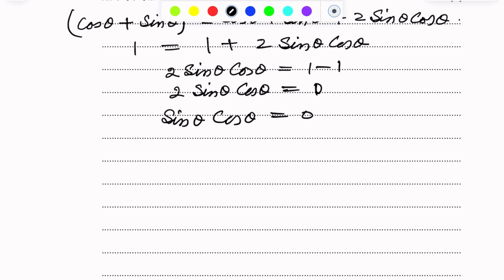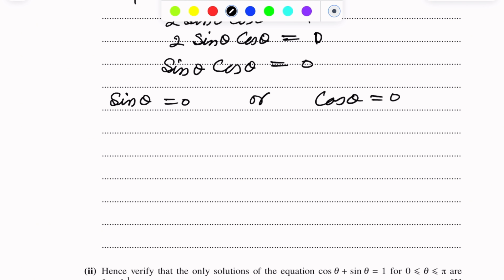So sin theta into cos theta is 0 on the right side, so we can separately put sin theta is equal to 0 or cos theta is equal to 0. Sin theta is equal to 0, where we get theta is equal to 0 and pi, because sin 0 is 0 and sin pi is also 0.